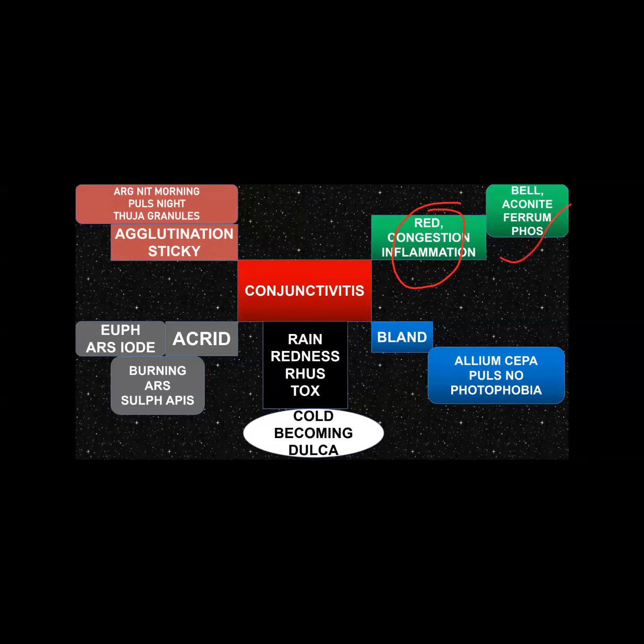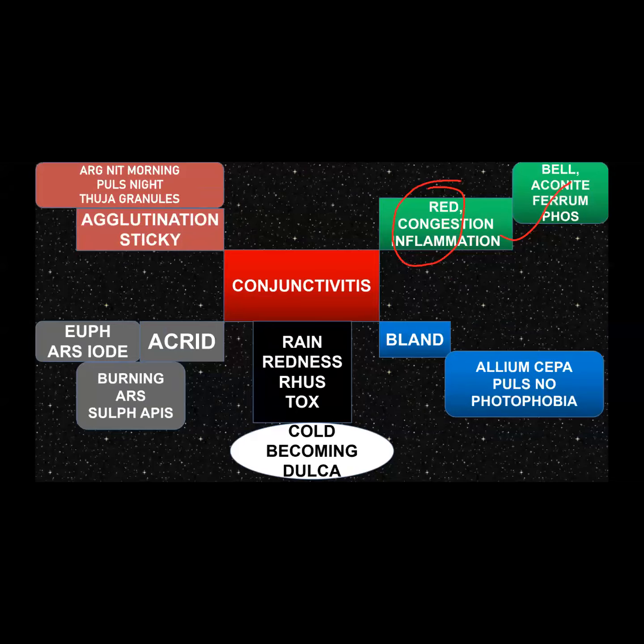Further, I have divided conjunctivitis into three stages. In the first stage, we will talk about when the disease has just started to bloom, just started to grow, and what medicine we are going to use.